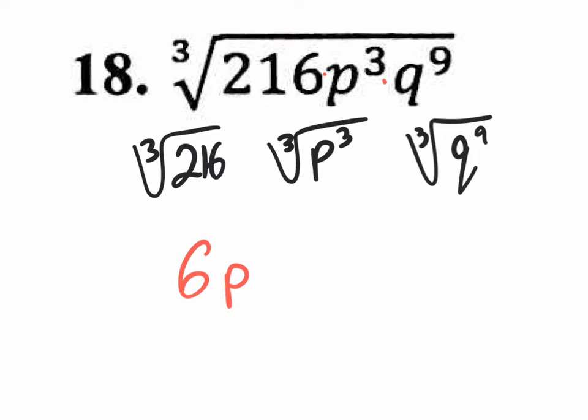Or you could also say, well, I already know that the root will be the denominator of my rational exponent. The power will be the numerator of my rational exponent. So I'll really have p to the 3 divided by 3. 3 divided by 3 is 1, so it's p to the 1. Either way, you should just get p for this. Over here, let's use that logic of power over root. 9 over 3 is 9 divided by 3.